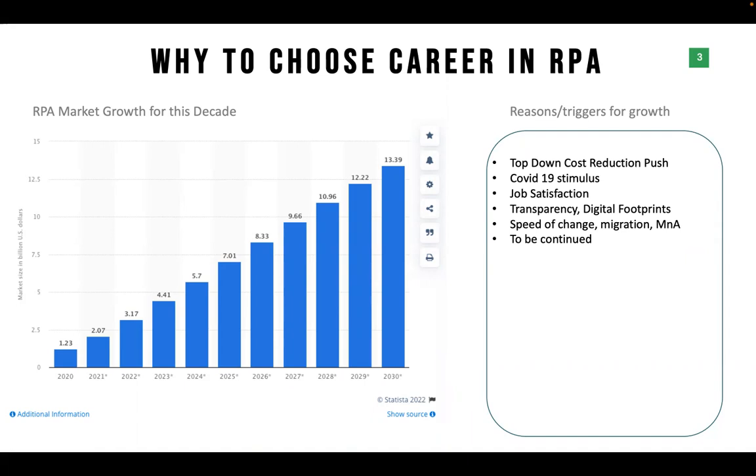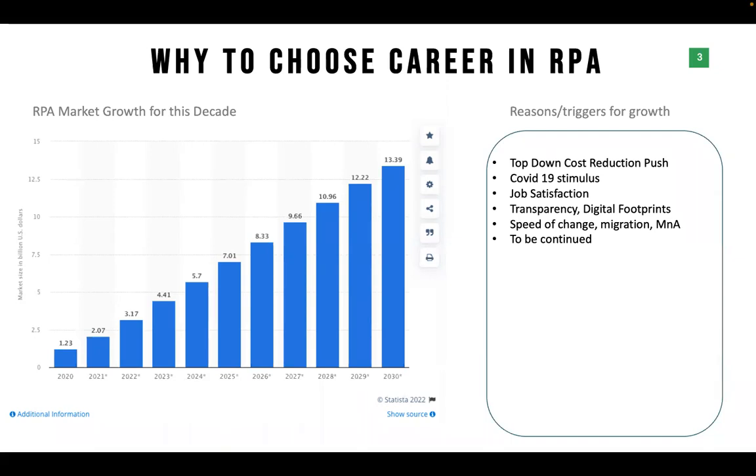And why did it get traction in the last 2 years? In early 2020, when COVID was there, people were not able to come to office, and there were huge layoffs. So top leadership in multiple companies decided that they wanted to reduce cost. But if they reduce cost by laying off the people, who would do those activities those people were doing?